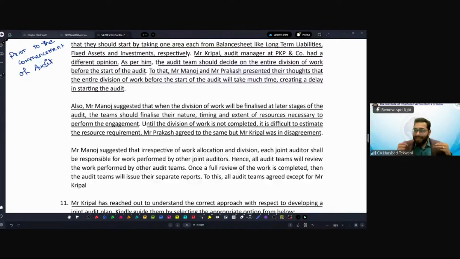So when I say developing the joint audit plan, after the plan, immediately you have to divide and decide on the division of the areas and the nature, timing and extent of the resources that are required. So you need to decide the nature, timing and resources at the time of developing the joint audit plan itself, not at a later stage.